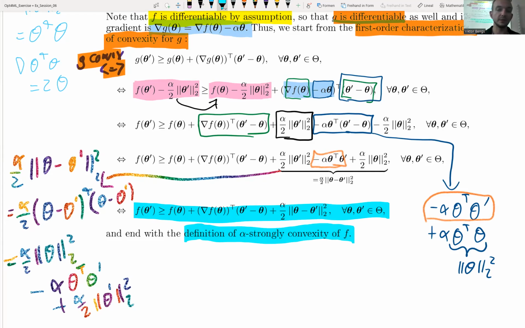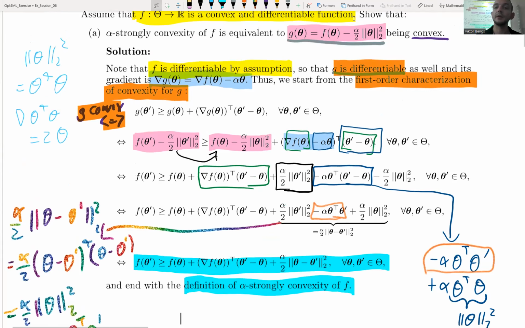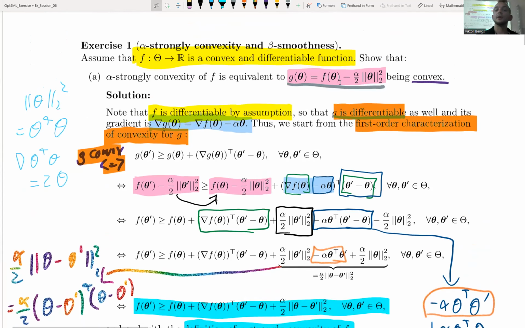So equivalence is verified. If this function g is convex, then this is equivalent to alpha strong convexity of f, which is nice.